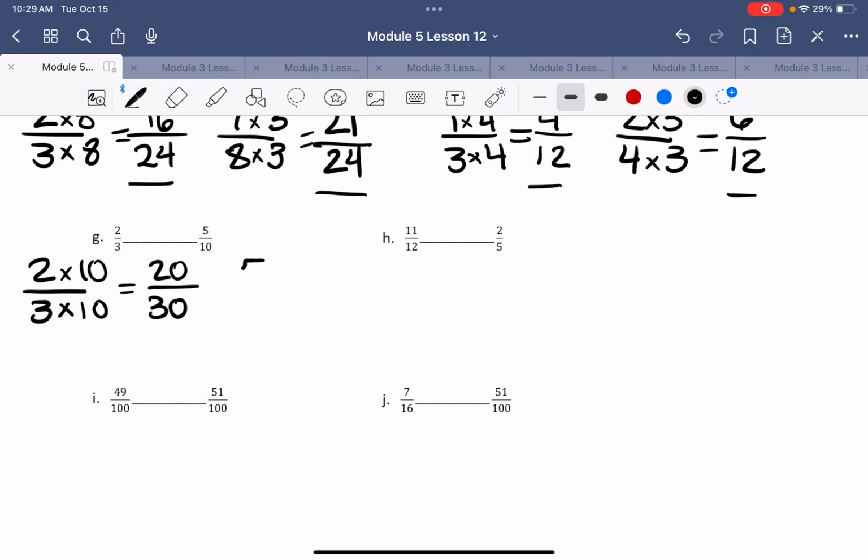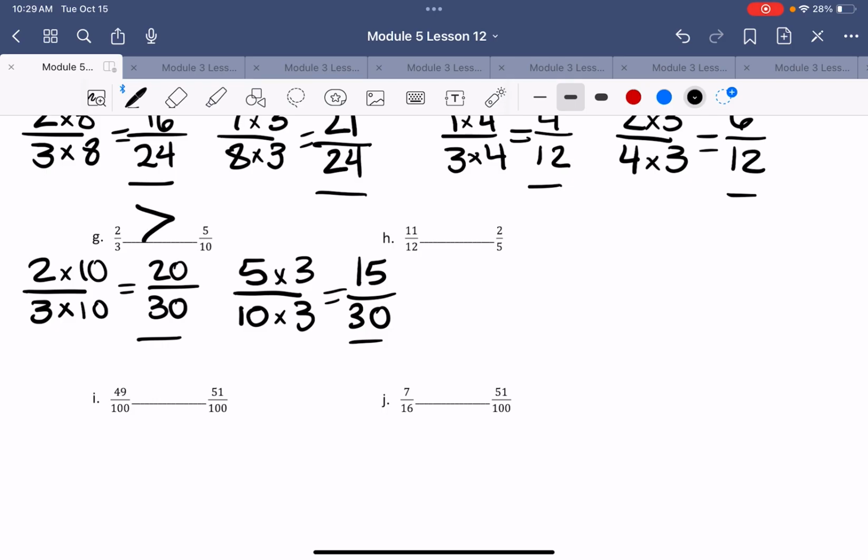Now we take 5/10. Multiply it by the opposite denominator, which is 3. And we have 15/30. Is 20/30 or 15/30 greater? 20/30, so we know 2/3 is greater.